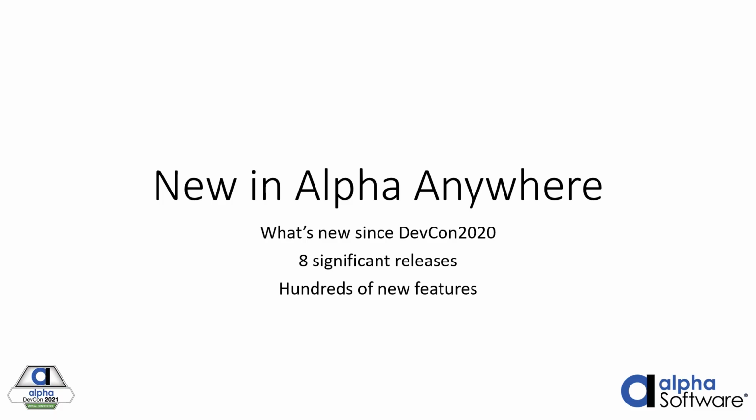Thanks. So this session is about what's new in Alpha Anywhere since DevCon 2020. Since DevCon 2020, we've had 8 what I call significant releases of Alpha Anywhere, with literally hundreds of new features. It's very difficult in this presentation to pick the ones that I want to talk about, but I've selected some of the ones that I think are the most significant.